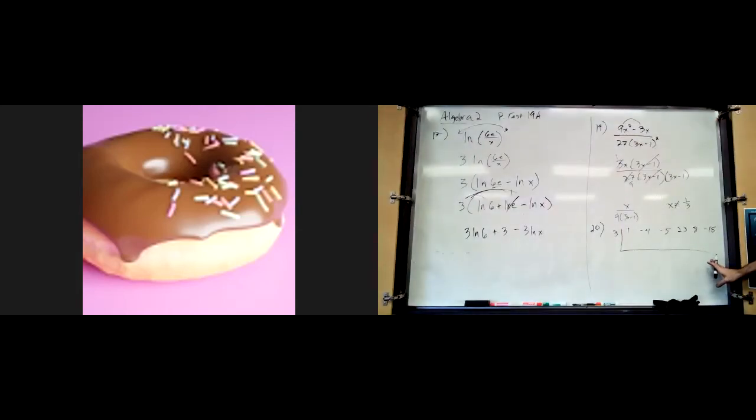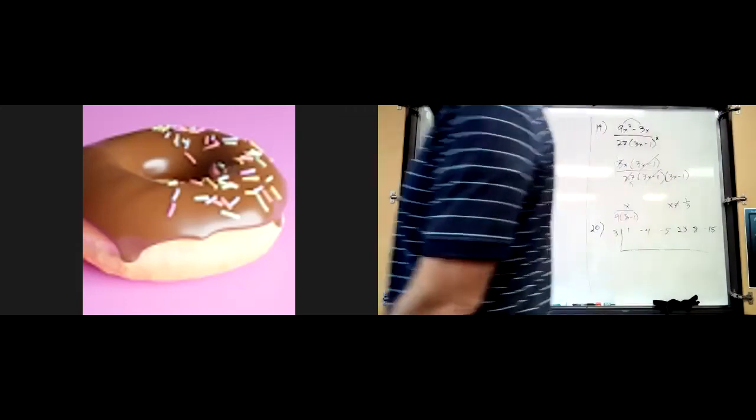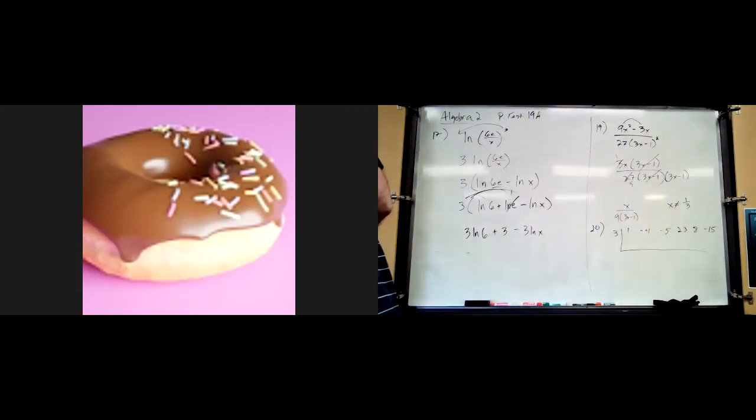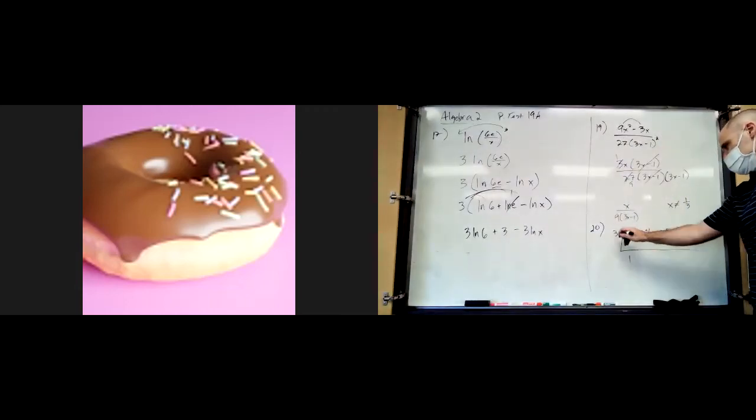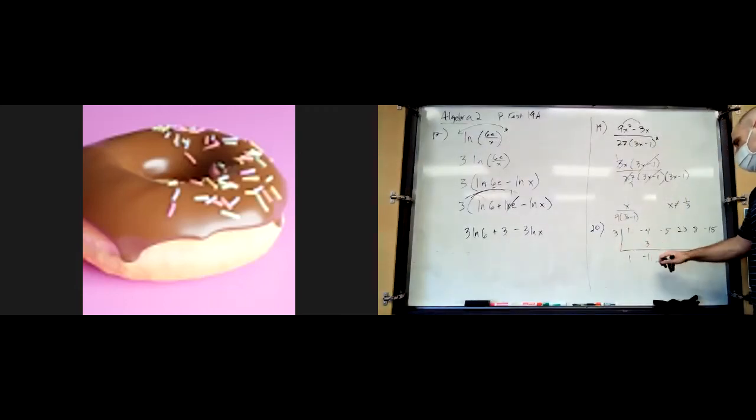If we get 0 here, then we can answer yes, it is a root. So bring down the 1, multiply: 1, 3, -1, -3, -8, -24, -1, -3, 5, 15, 0. Boom. So yes, 3 is a root.